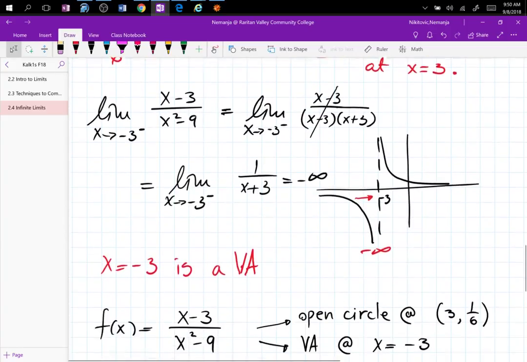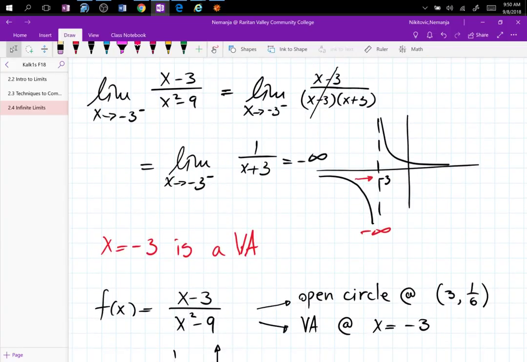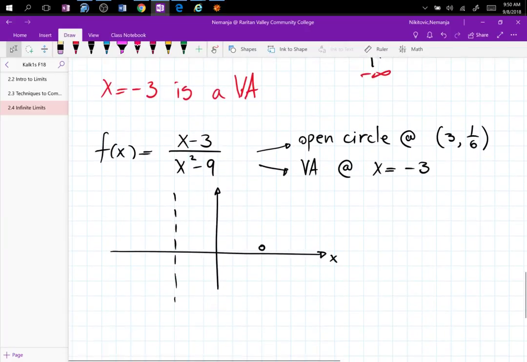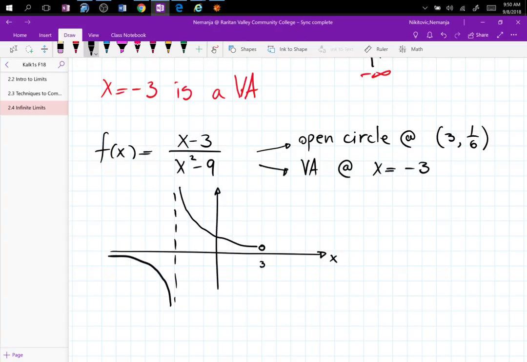So it's 0 in the denominator, so you can't have a value there. And then the second line that I have at -3 is the vertical asymptote from the second calculation. So now I draw the graph quickly. I have to draw my 1 over x graph. And as you can see, the graph has the vertical asymptote at -3 and an open circle at 3.